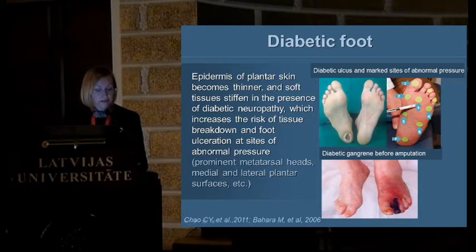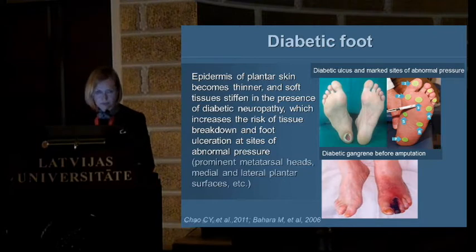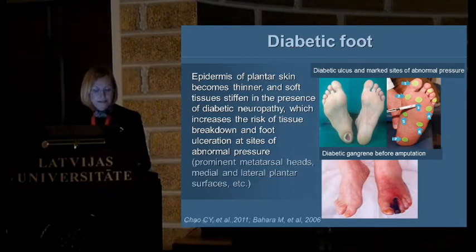At least 25% of patients with diabetes have diabetic foot. Neuropathy and microangiopathy have been identified as major risk factors of diabetic foot. The epidermis of plantar skin becomes thinner and soft tissue stiffens in the presence of diabetic neuropathy, which increases the risk of tissue breakdown and foot ulceration at sites of abnormal pressure, such as prominent metatarsal heads, medial and lateral plantar surfaces.